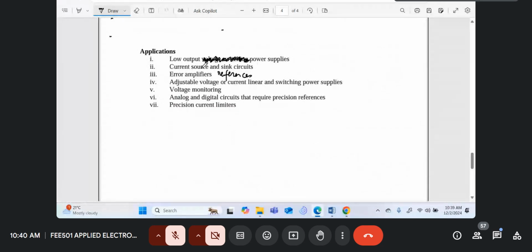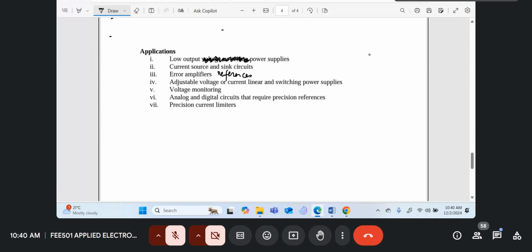Number one is low output power supplies. Like if you want a power supply of maybe up to say 50 milliwatts. For example, we use it in this niche.